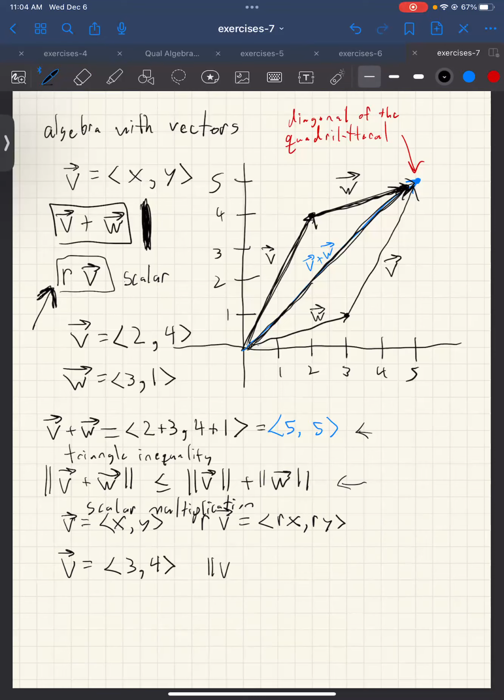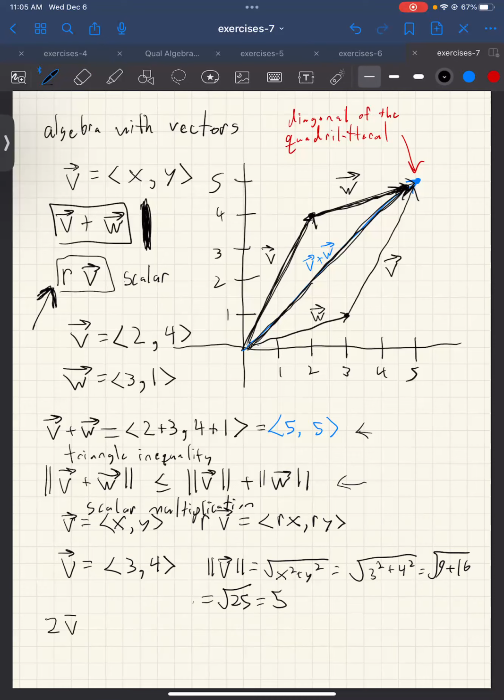Then the magnitude of v, we did from the last section, is just the square root of x squared plus y squared, which in this case, x is 3 and y is 4. This turns into 9 plus 16, which is 25. So the square root of 25 turns out to be 5. So the magnitude of v is just 5.